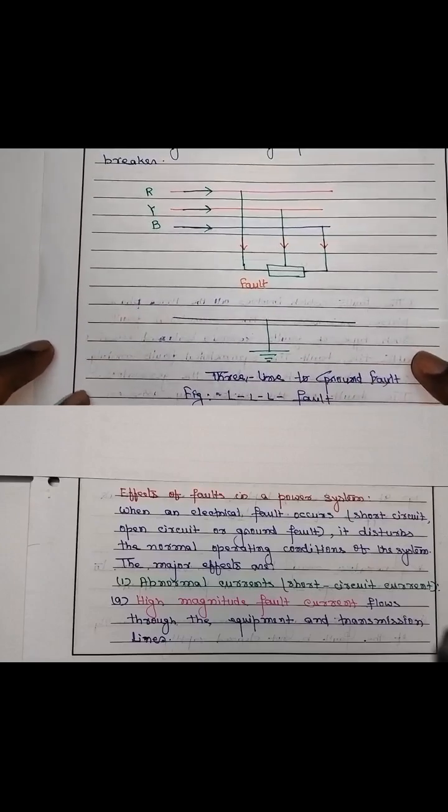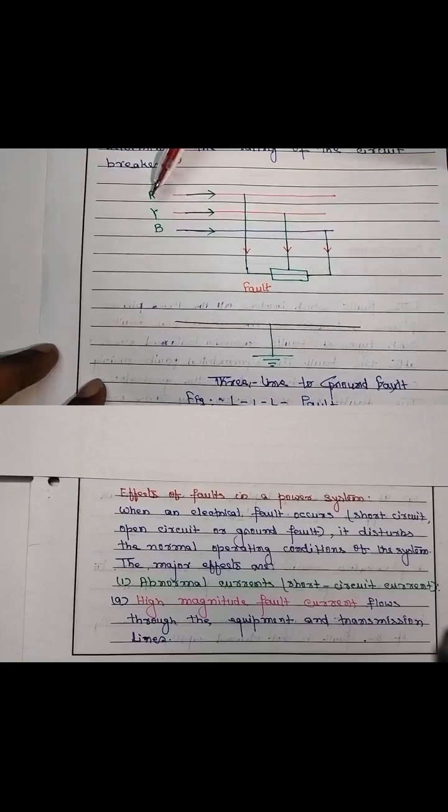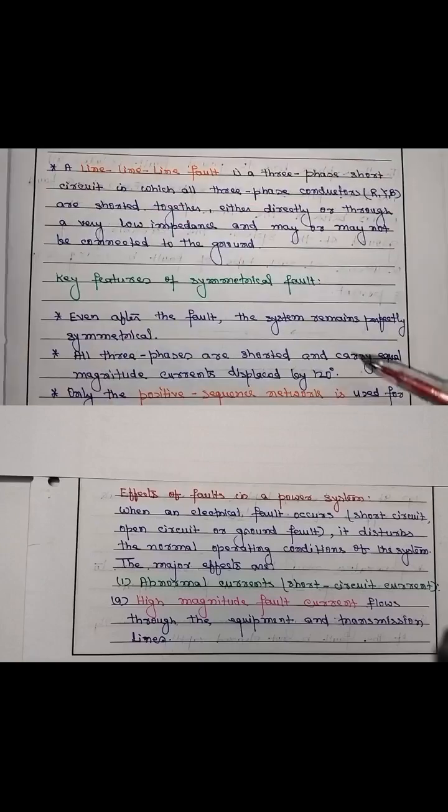Here I have drawn the diagram of the LLL fault. This is the one conductor, R, Y and B are there. Here all three get touched and it creates the fault. Such a fault is called the line to line to line fault.